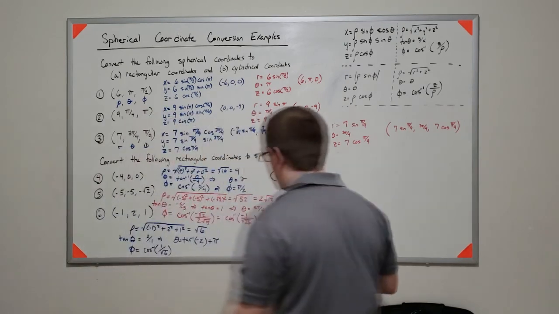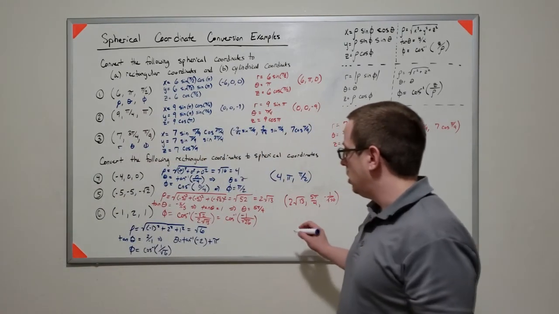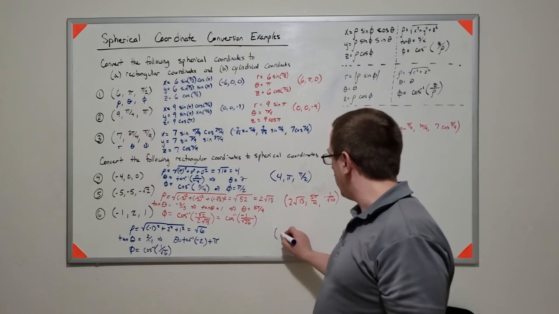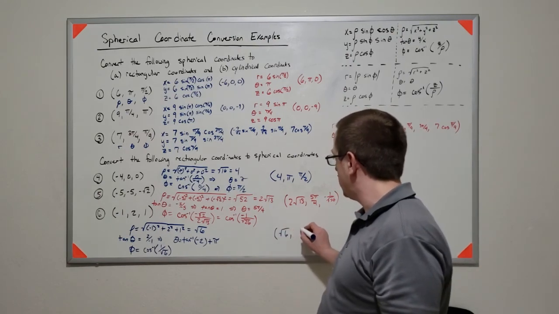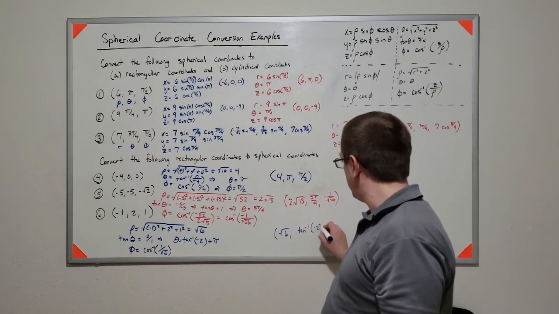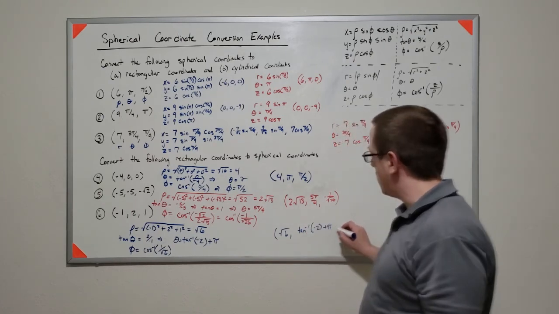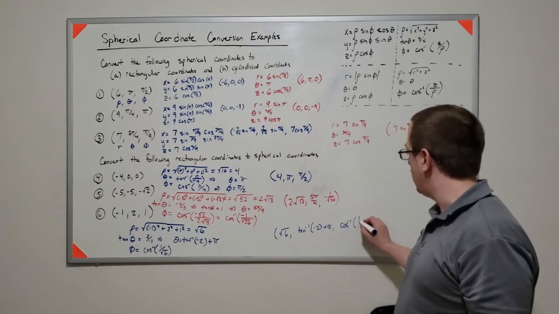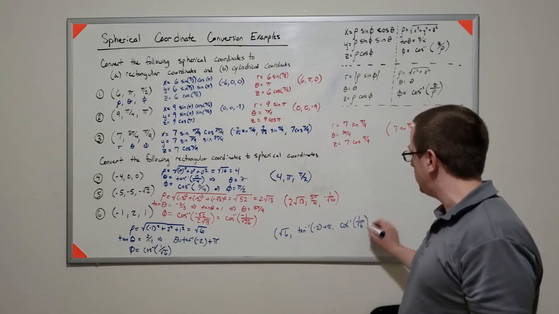Anyway, your coordinate there is square root of 6, the arctangent of negative 2 plus pi, and the arc cosine of 1 over the square root of 6.